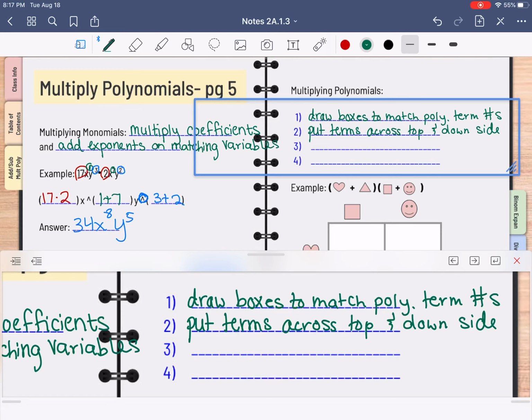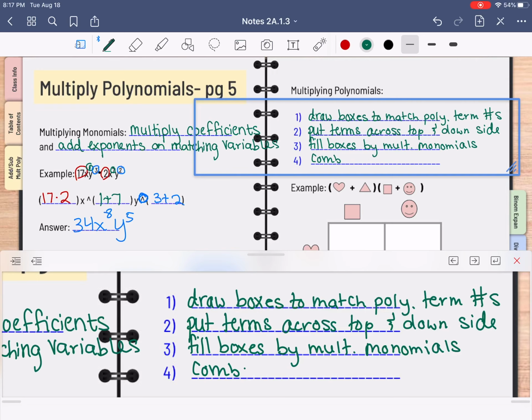Then step 3 is to fill your boxes by multiplying the monomials that are down the side and across the top. Then the last step is to just combine like terms to simplify.